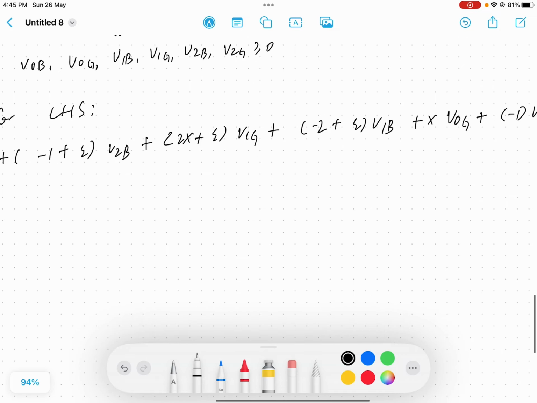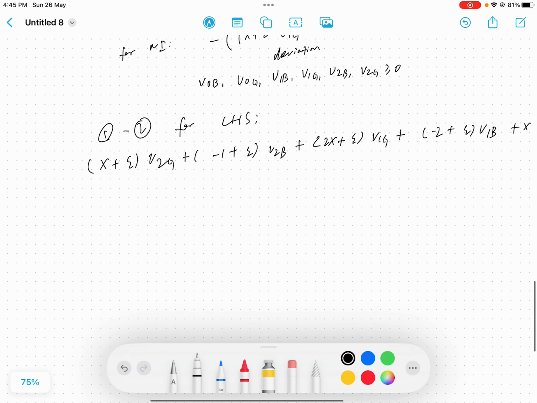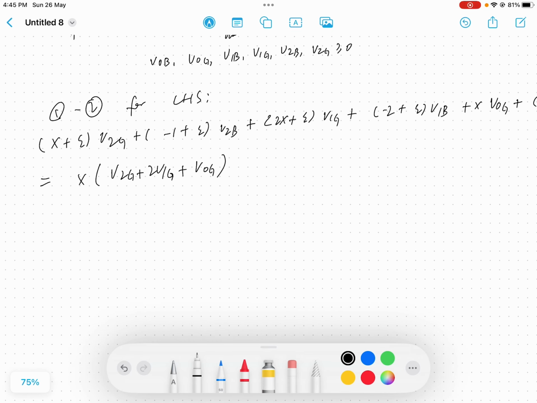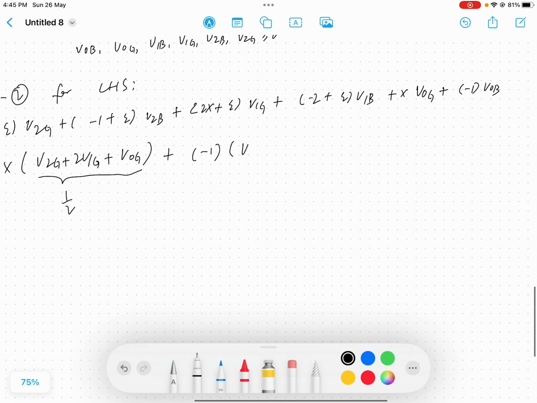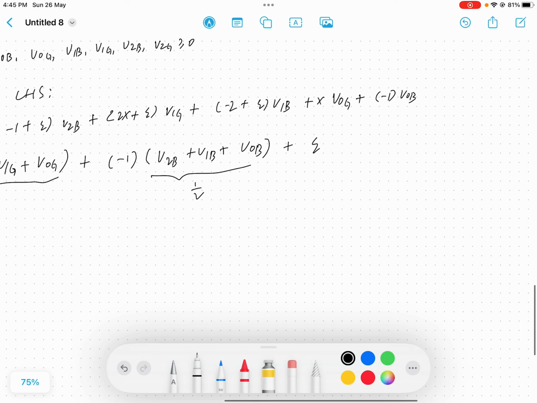This is further simplified to x terms, and their coefficients are v2g plus 2v1g plus v0g. All those have the state as g, so together this is just a prior of that, which is 1/2, and plus -1 times v2b plus 2v1b plus v0b, and again this is 1/2 to the prior, and plus the epsilon terms.